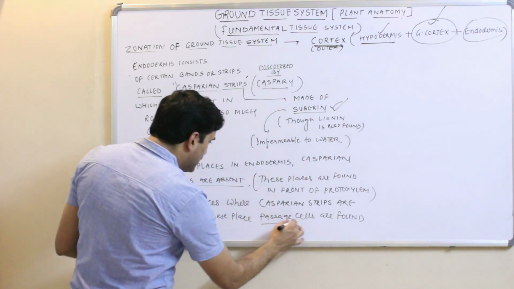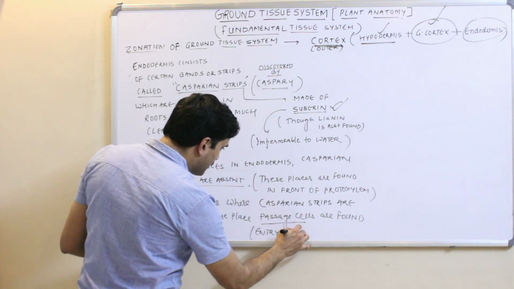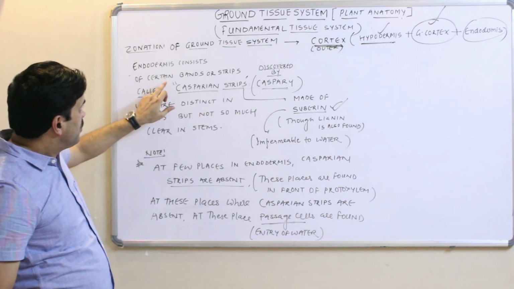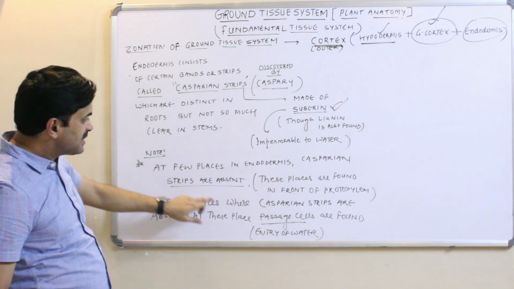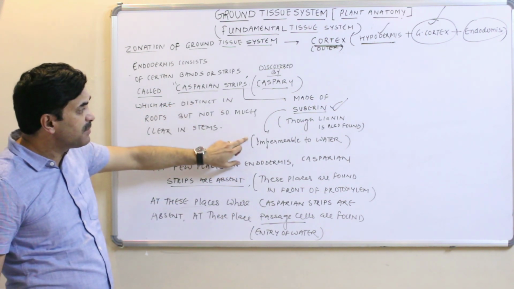And as the name is indicating, passage cells are meant for entry of water. Why? Because on the entire endodermis except the passage cells, Casparian strips are found, and Casparian strips are impermeable to water.